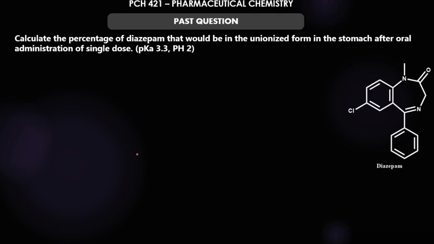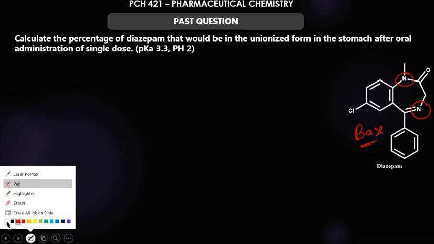Now the next one: calculate the percentage of diazepam that would be in the ionized form in the stomach after oral administration of a single dose. Diazepam is a base. You can see this structure here. Because of the nature of this nitrogen, it can easily be protonated. So what do you think our formula will be?